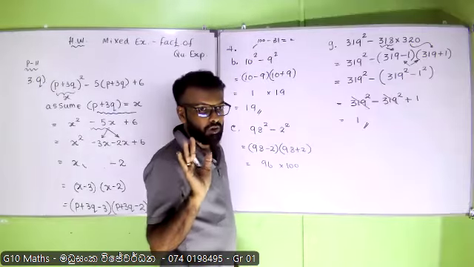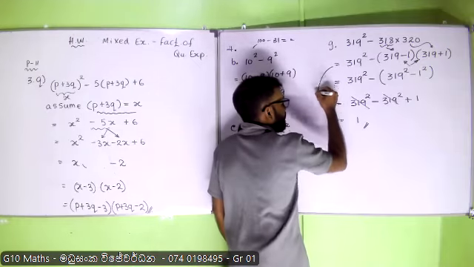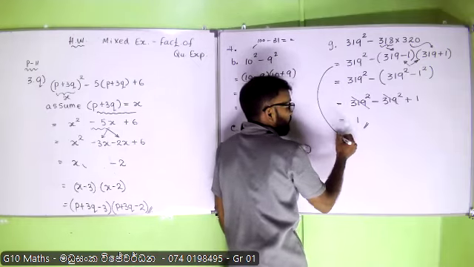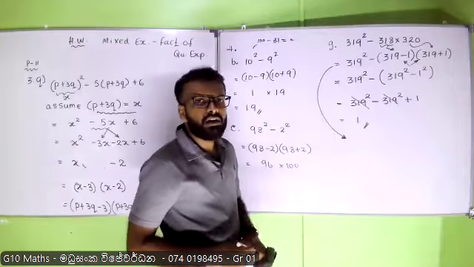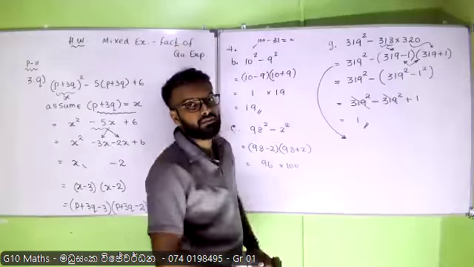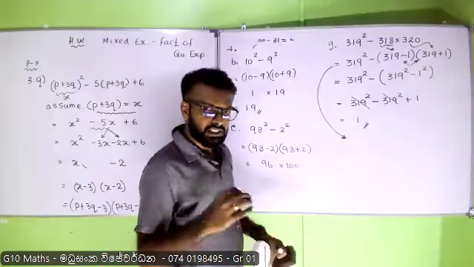Now focus on the word all. Right? So from this step I will assume something like this. Now think of 319 as my A. Right? Assume. Just imagine.